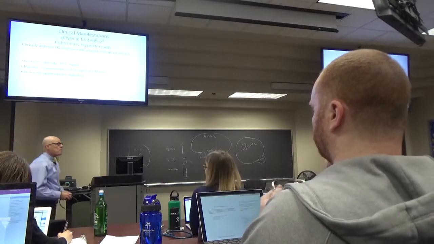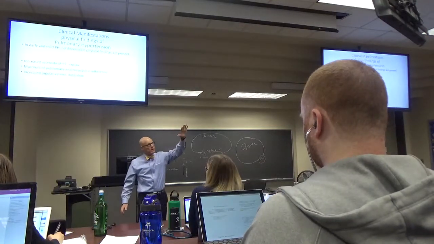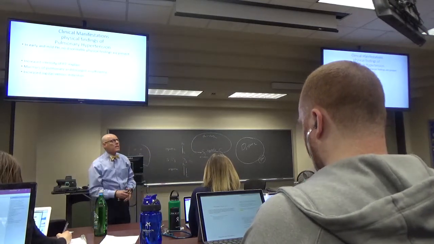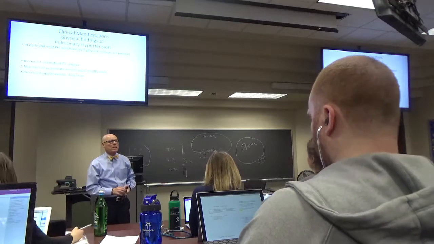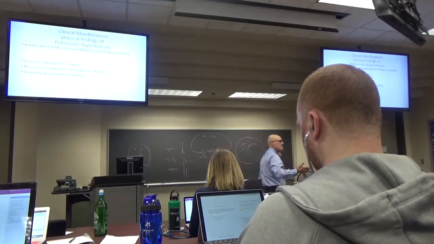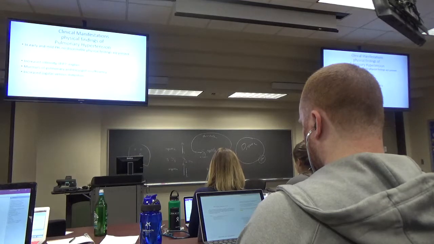All right. Now, this says that there's an increased intensity of P2. Why would there be an increased intensity of P2 in pulmonary hypertension? There's an increased pressure behind the valve as it's closing.